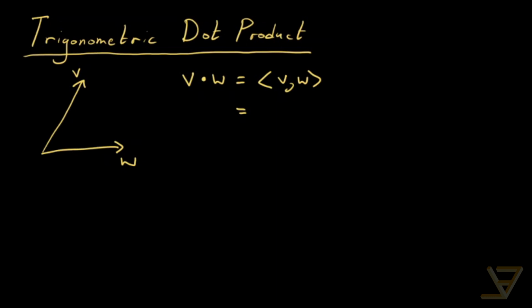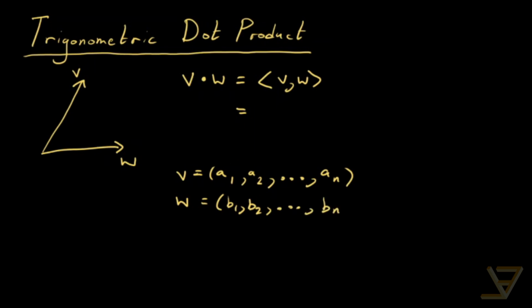So if V is equal to A1, A2, all the way through to An, and W is equal to B1, B2, all the way through to Bn, so the dimension is n, then the inner product or dot product is equal to A1 B1 plus A2 B2, all the way through to An Bn.